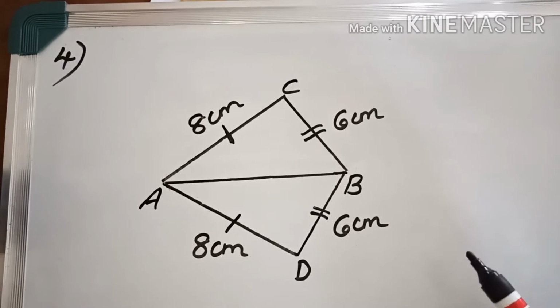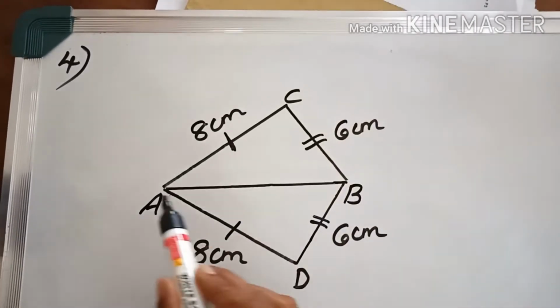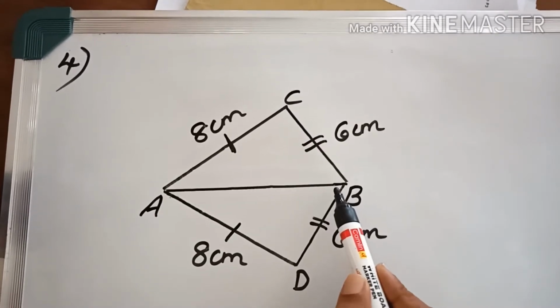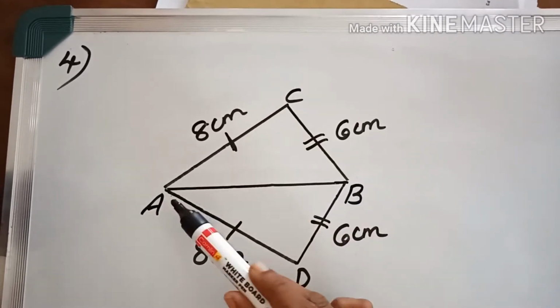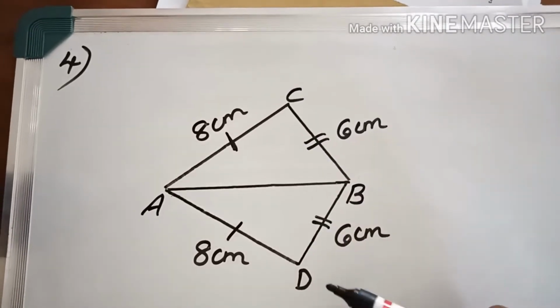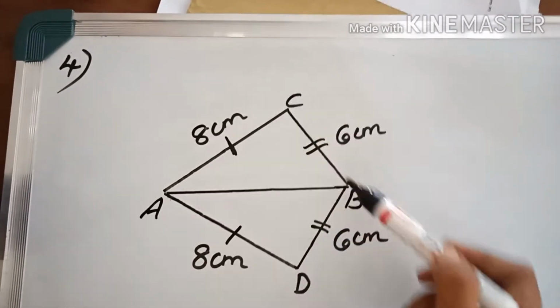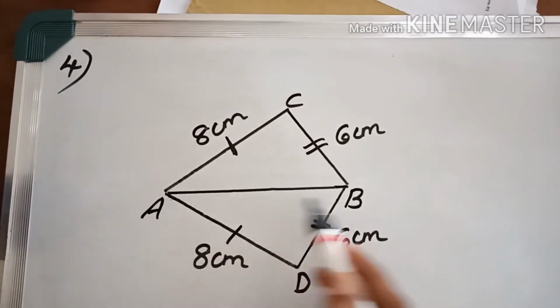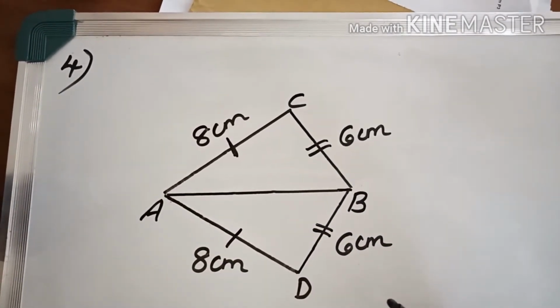So which is the third side here? The third side is this side, AB. Here the AB measurement is not given, but you can see that this side AB is common to both the triangles. AB is in the first triangle and AB is in the second triangle also. Same side means the measurement will also be the same.